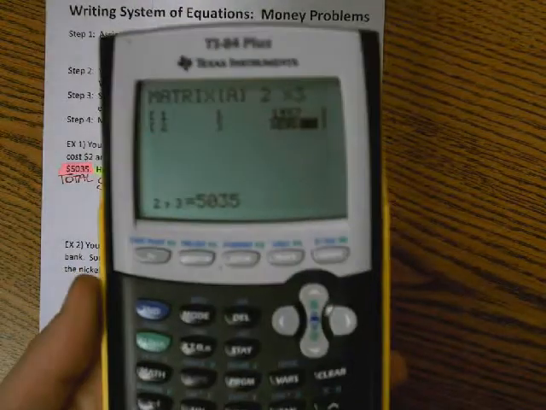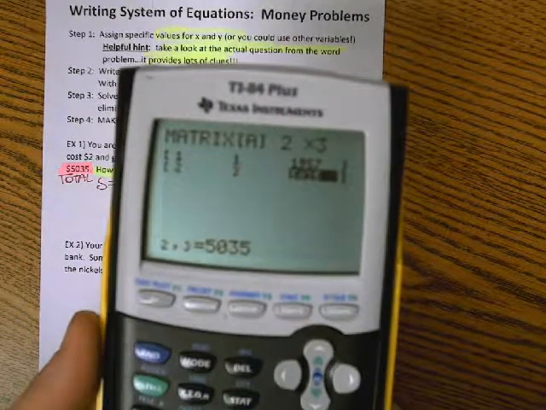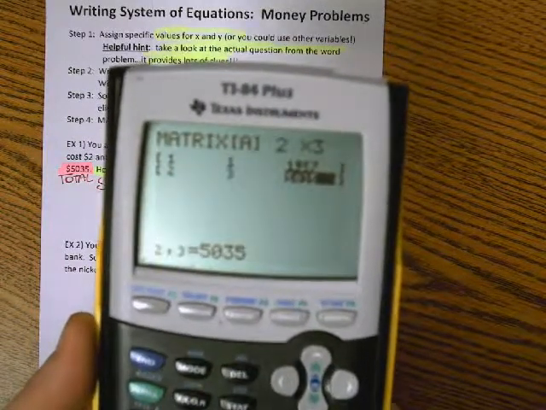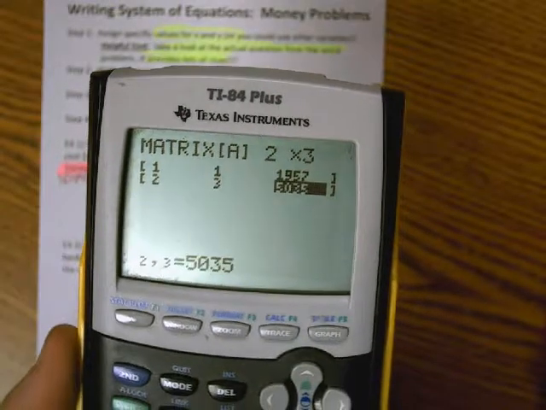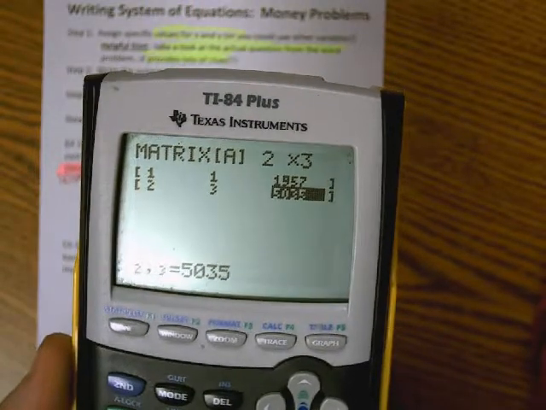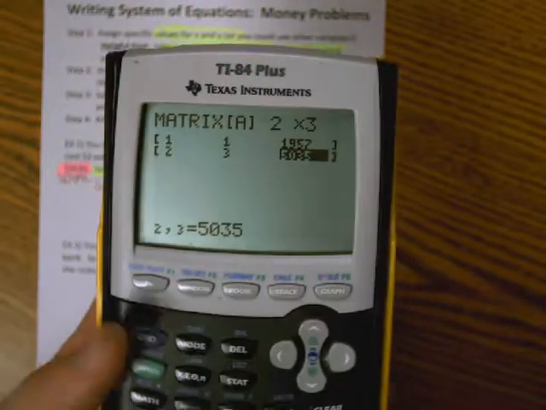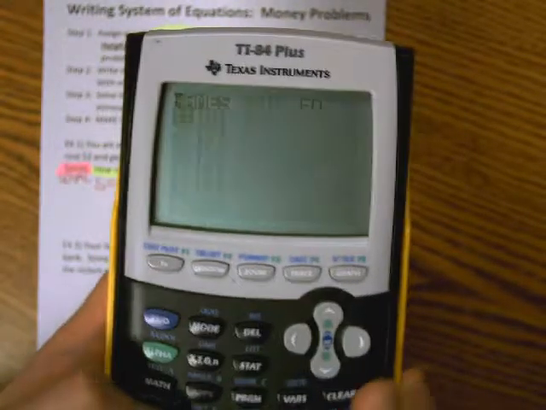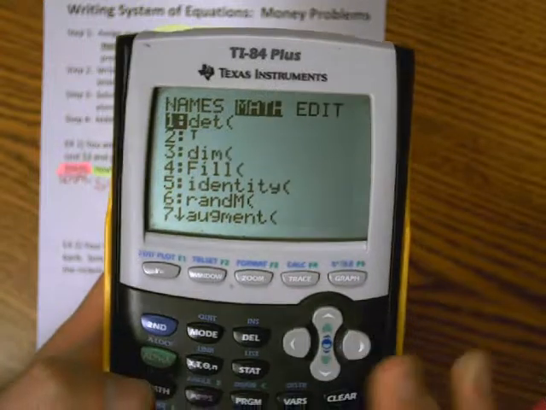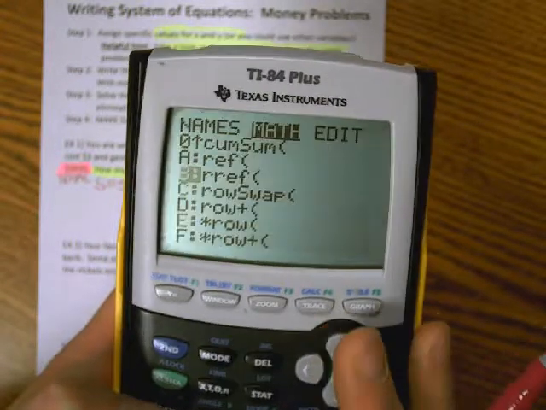Okay, so I entered my matrix into the calculator. Notice I used 1 and 1 to represent the number before the two letters. And also, the last numbers are the 1,957 and 5,035. And so then you just second quit, get a blank screen, second matrix, arrow over to math, go to RREF.